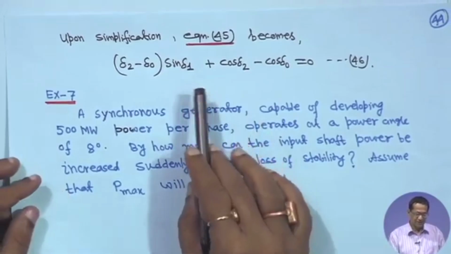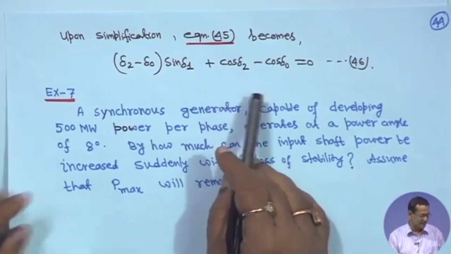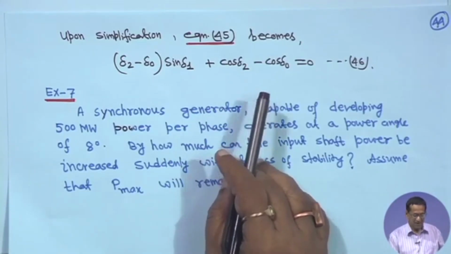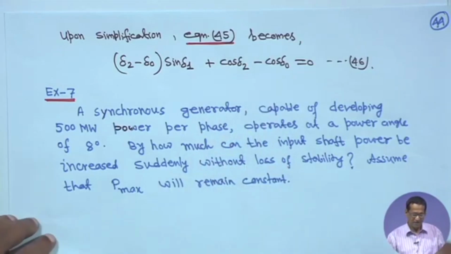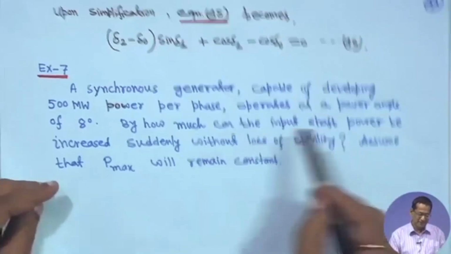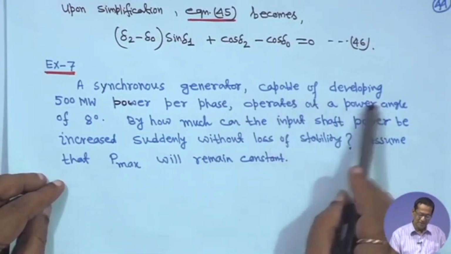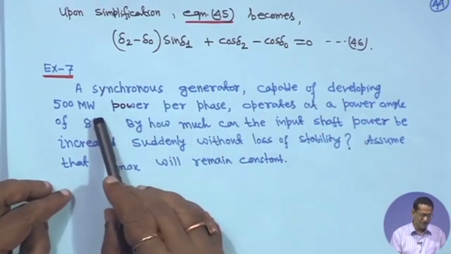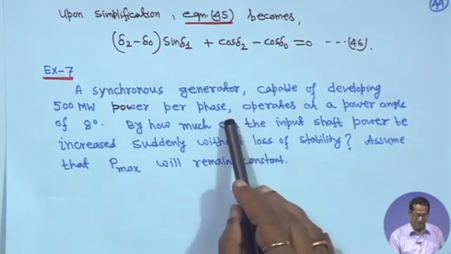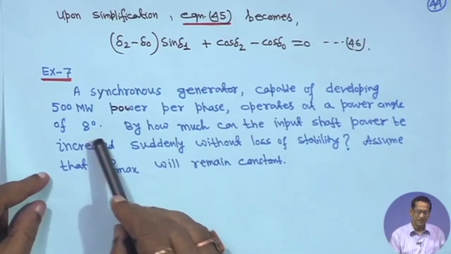This is the equal area criterion, and there are different conditions. Although we will solve it in the next class, I am giving you a problem: a synchronous generator capable of developing 500 megawatt power per phase operates at a power angle of say 8 degrees.